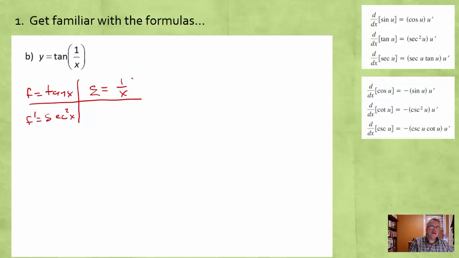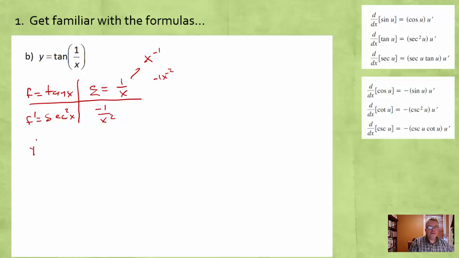And then this one's a little tricky. Remember, we've got to think of this as x to the minus 1. Its derivative would be minus 1, x to the minus 2, which we can write as minus 1 over x squared. So that's the derivative of g. All right, then we put it all together. We substitute g of x into f prime for the chain rule.